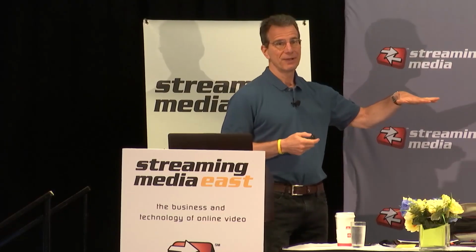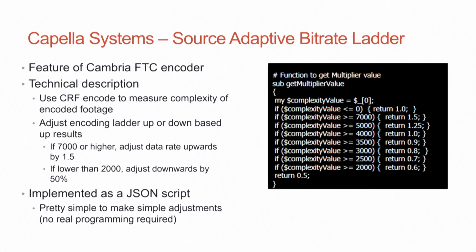Whatever, you create your standard encoding ladder, and you say, OK, if the complexity value comes back at 4 megabits per second, then use the encoding ladder as is. If the complexity value comes back at 7 megabits per second, increase every rung in the ladder by 1.5.